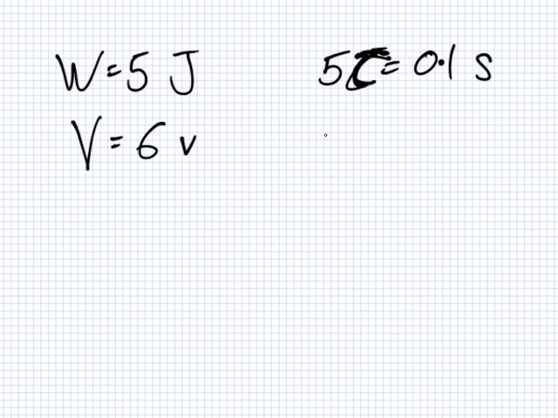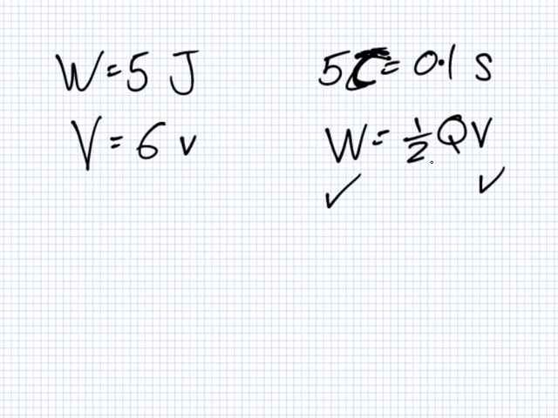So for example, we have the formula W equals a half Q V. And we know the W and we know the V, so we can get the Q. Maybe this will be helpful. So Q equals 2W over V. What's the W? 5.